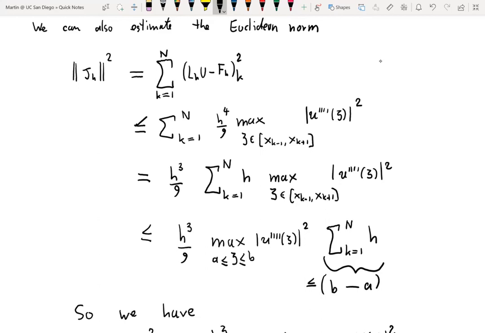Okay, one thing I can do is I factor out the cubic power of h over 9. And what I'm left with is the sum where k goes from 1 up to n of h times the maximum of the fourth derivative over the interval from x_{k-1} up to x_{k+1}.